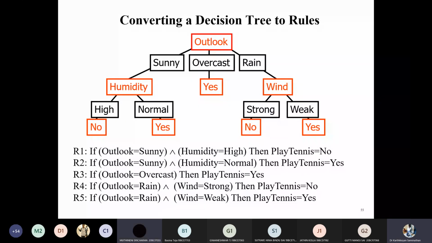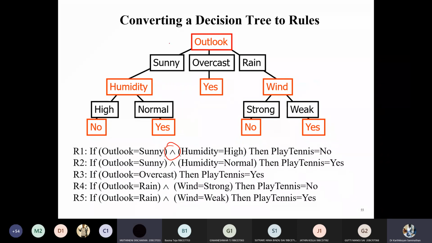So how to convert decision trees into rules. I told you in the last class, we need to use conjunctions and disjunctions. If outlook is equal to Sunny and humidity is equal to high, then you can play tennis.